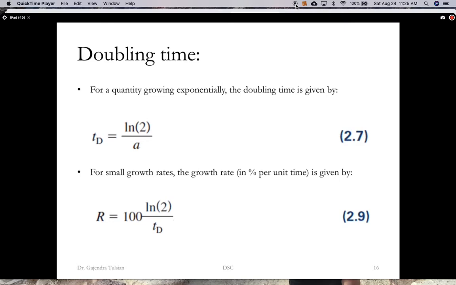Okay, so for a small growth rate, given in percent per unit time, the growth rate is given in terms of the doubling time, like that. Okay, so that's just A in percentages.